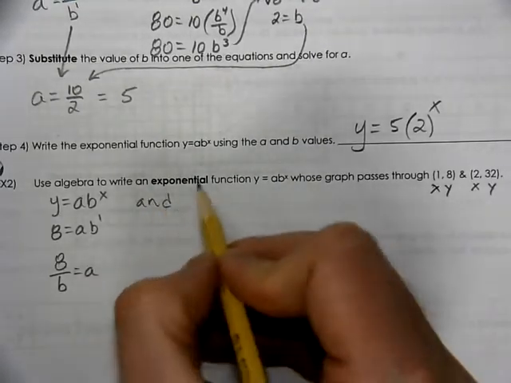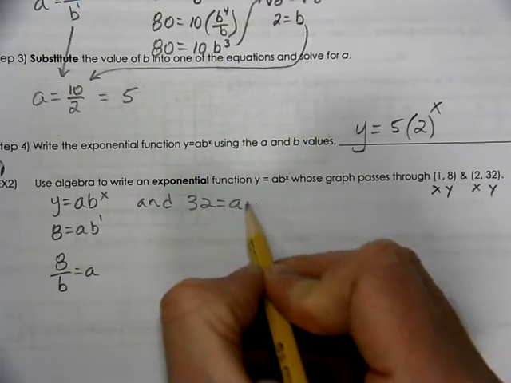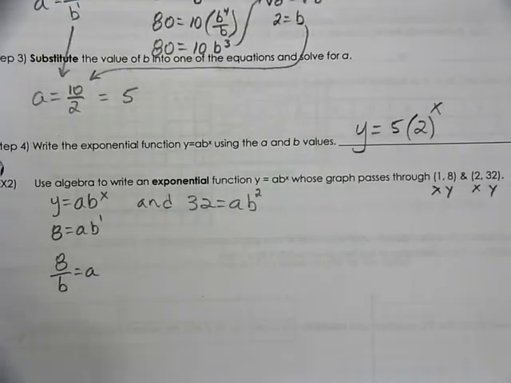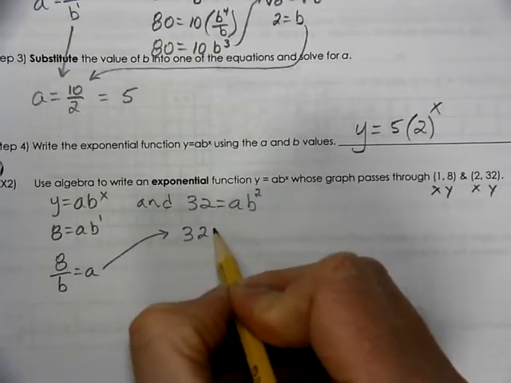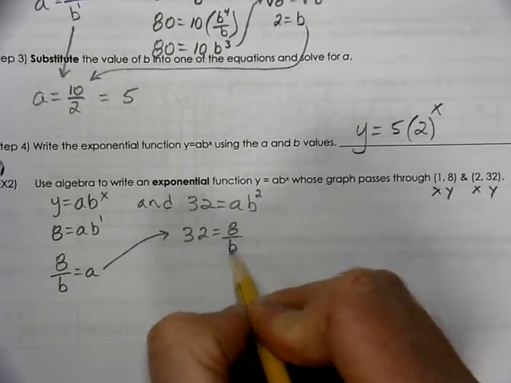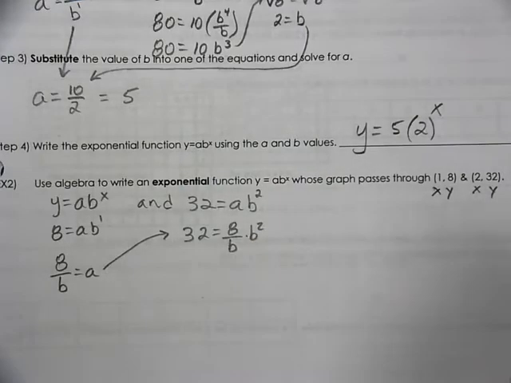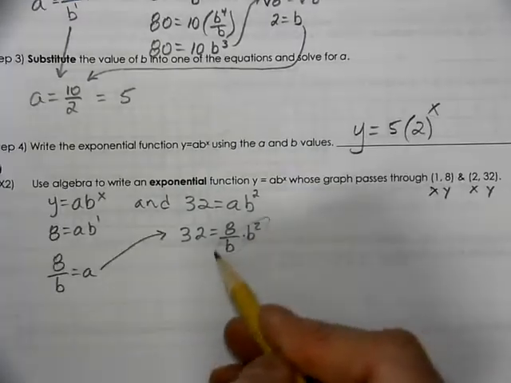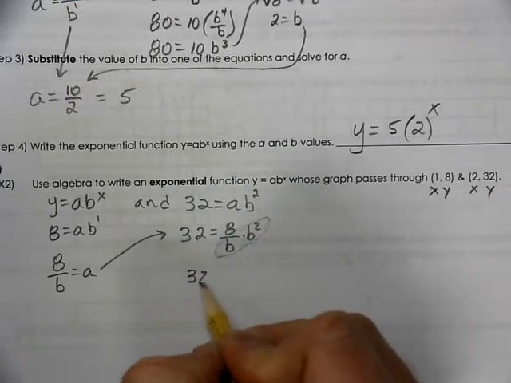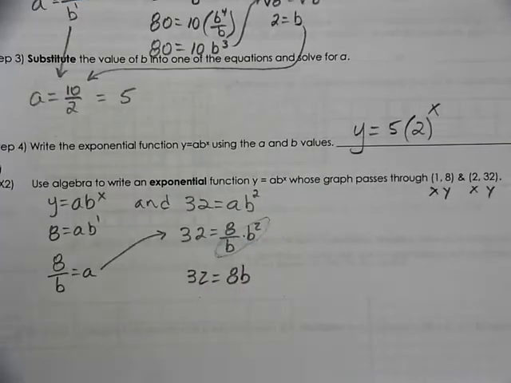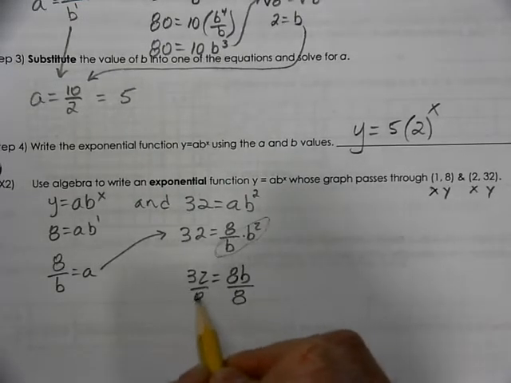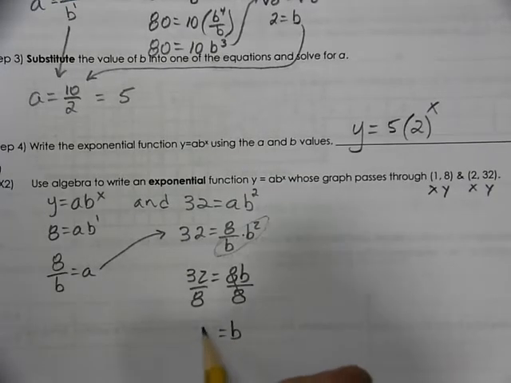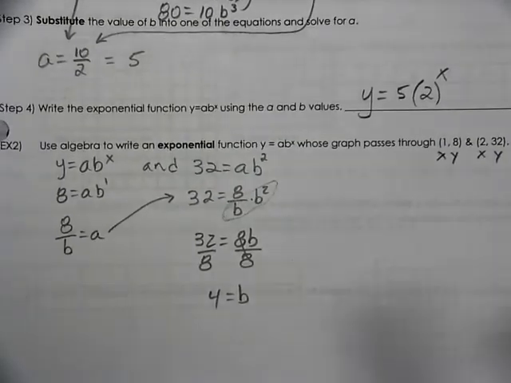We also have our other equation, which is 32 equals ab to the second power. Now we're going to bring over this a, which is 8 divided by b, times this b squared. And when we simplify, we're going to end up with 8 times b. In this case, we can divide by our 8, and b equals 4. There was no need to do a radical.